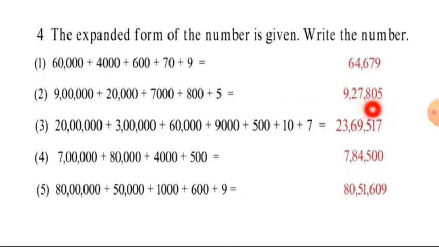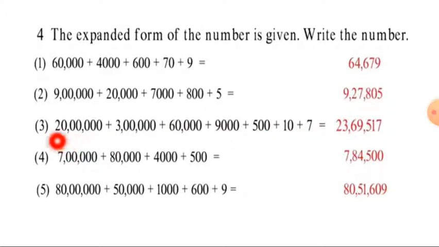So what are we going to write at tens place? We are going to write 0. We will not leave that place, otherwise the sum will be wrong. So if any place value is not given, you will write 0 over there. So at tens place we wrote 0, and 5 we write as it is. So the standard form is 9,27,805.